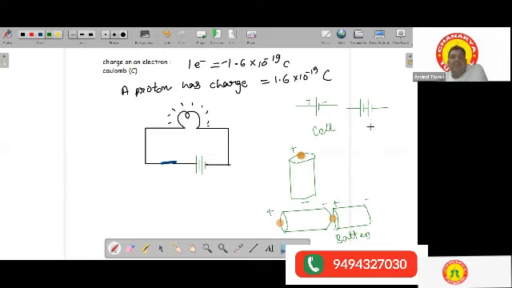So the same has been drawn with the help of a symbol. If you draw it with the help of a symbol, it will be like this. So this is the symbol of a battery. Now what happens when we use a battery or a cell?